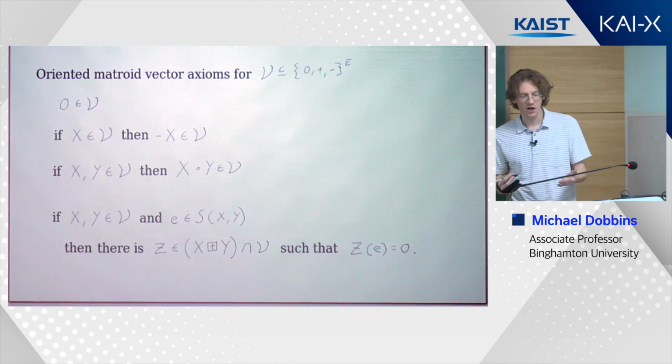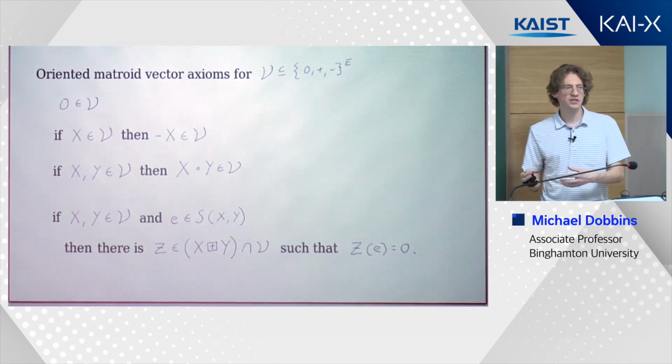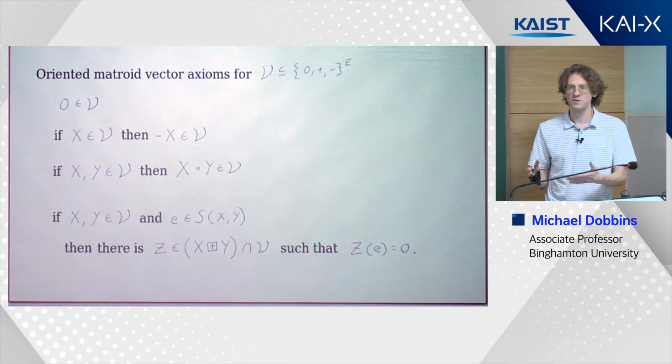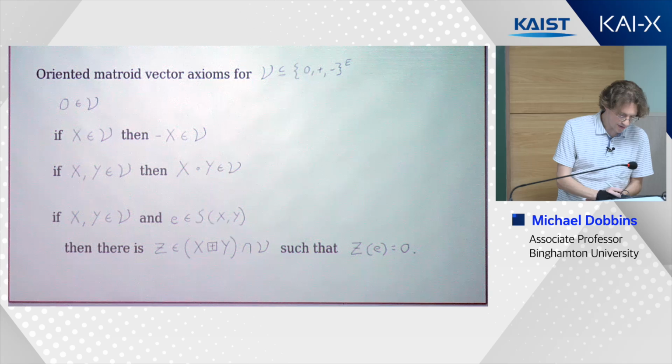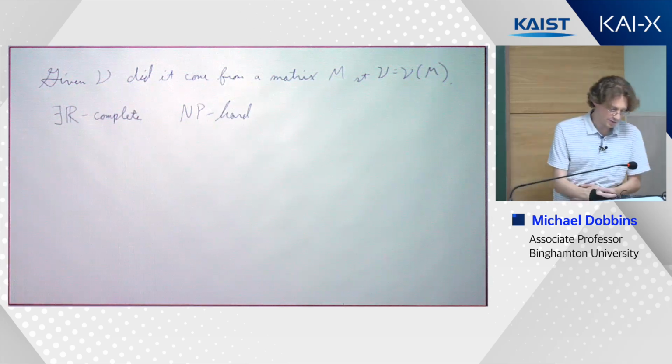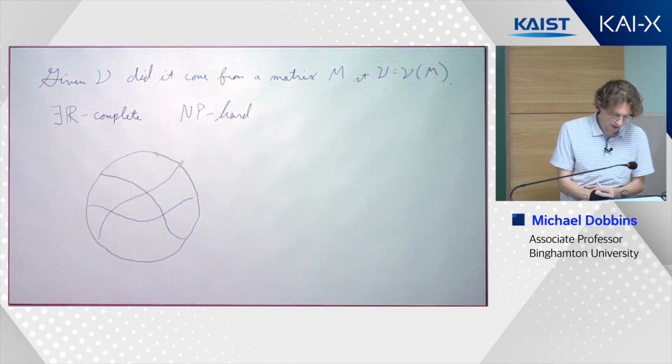But then you would say, is there some other geometric object that's more general than a matrix or a hyperplane arrangement or vector configuration that this corresponds to? This would be a pseudo-circle arrangement. If we have some sphere, rather than drawing great circles, we can replace them with something a little bit wiggly like this, satisfying certain conditions.